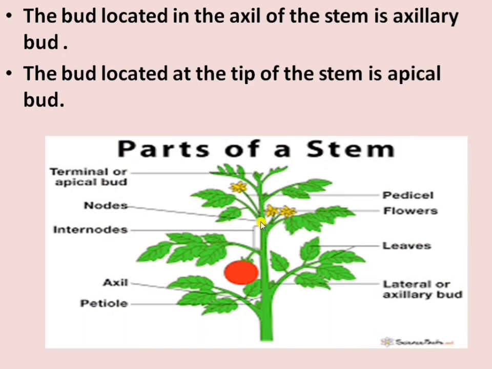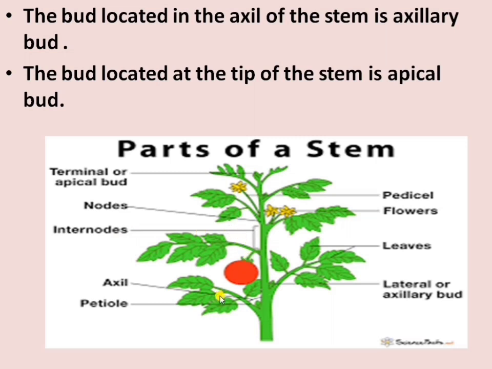Nodes are the points on the stem from which leaves are growing. Second is internode. Internode is the portion of the stem between two consecutive nodes. As you can see, there are two consecutive nodes, and the part between them is the internode.